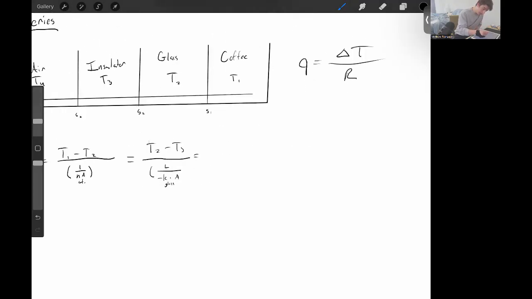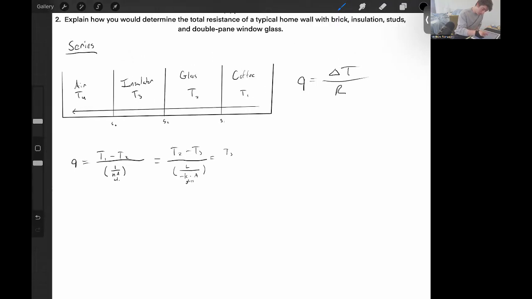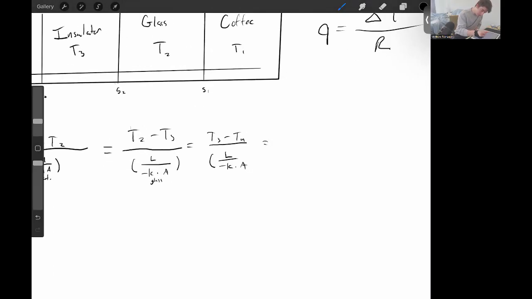Now this is equal to the expression for the insulator, which is T3 minus T4, where again we're dealing with convection. This is K of 1. This is the insulator.